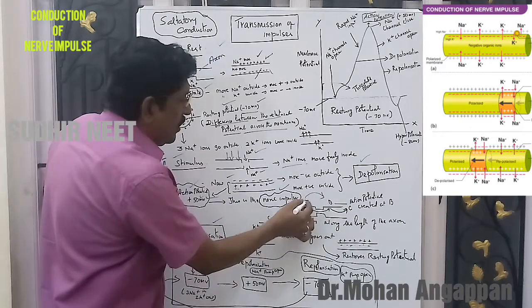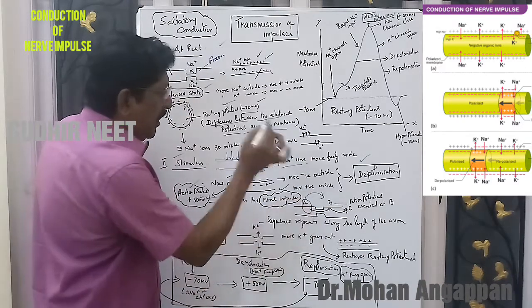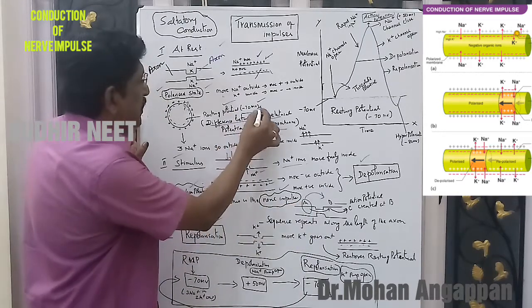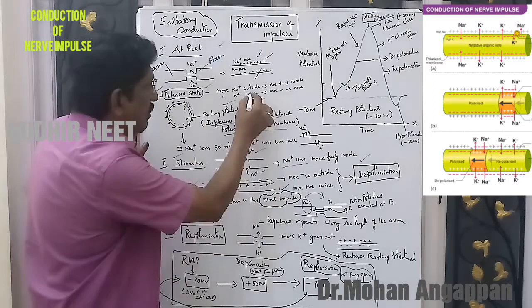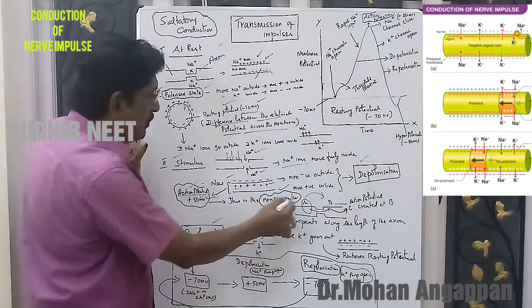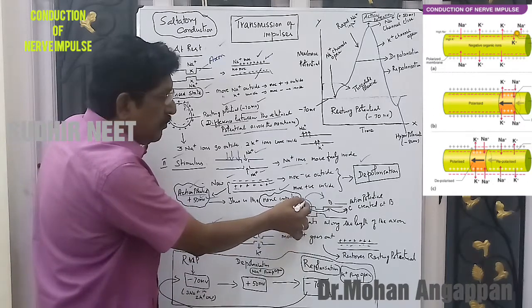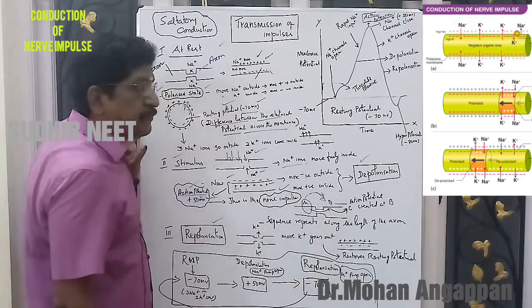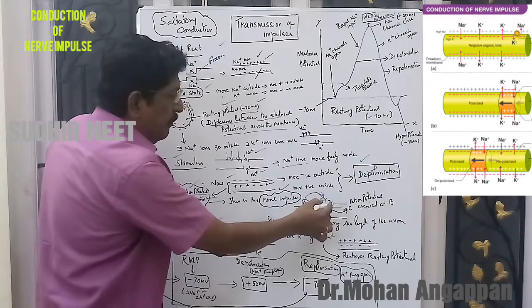So what I said happens here. It was at a polarized stage. When the stimulus takes place, the resting potential becomes the action potential. From minus 70 millivolt it becomes plus 50 millivolt, and the action potential is produced at point A, and then it moves on to point B. After reaching point B, what happens?